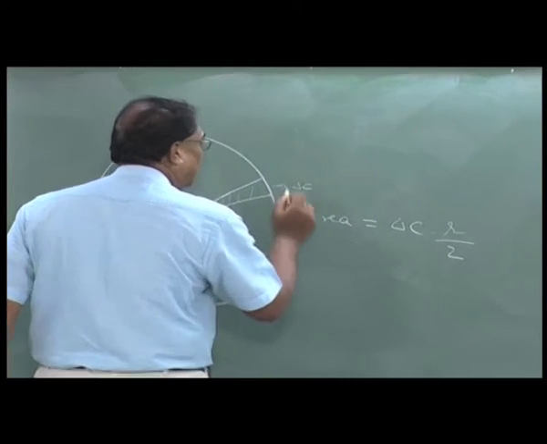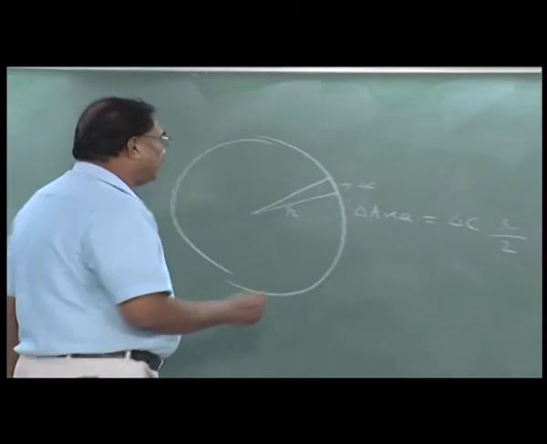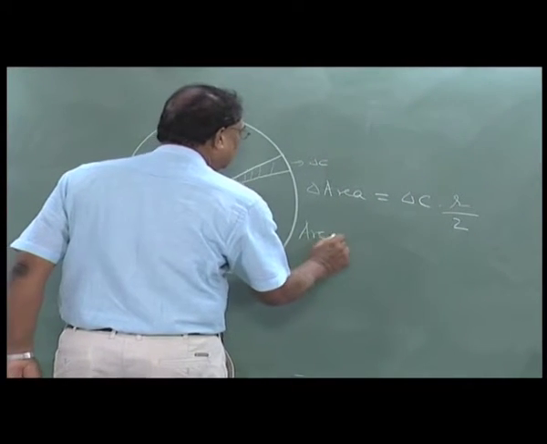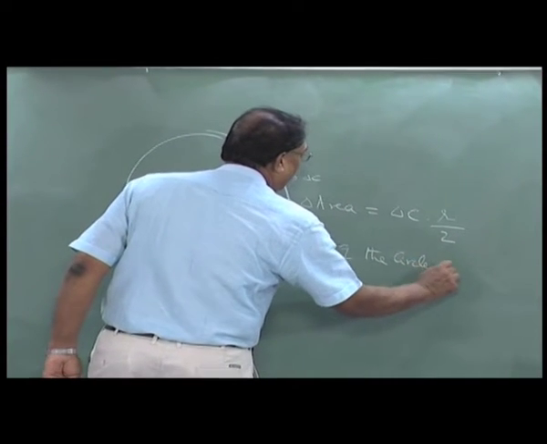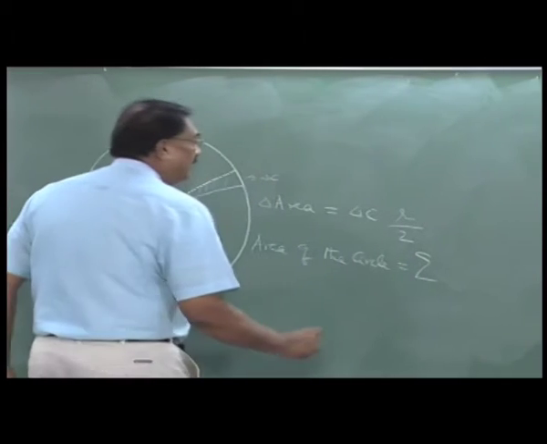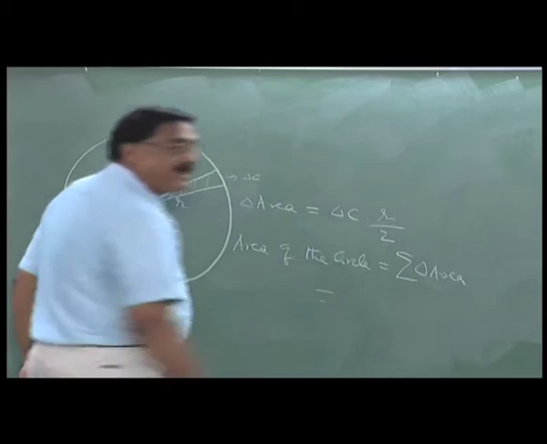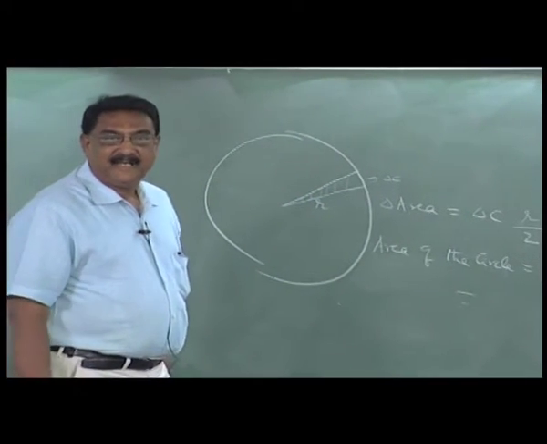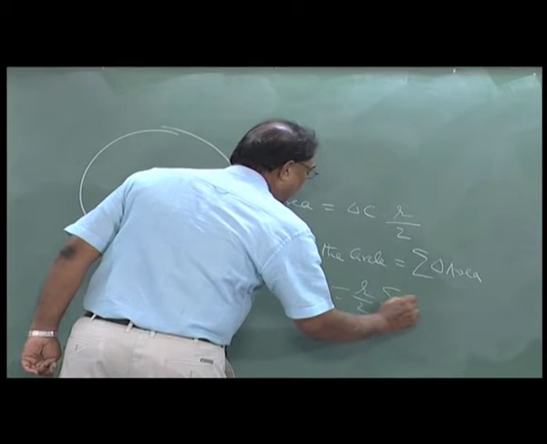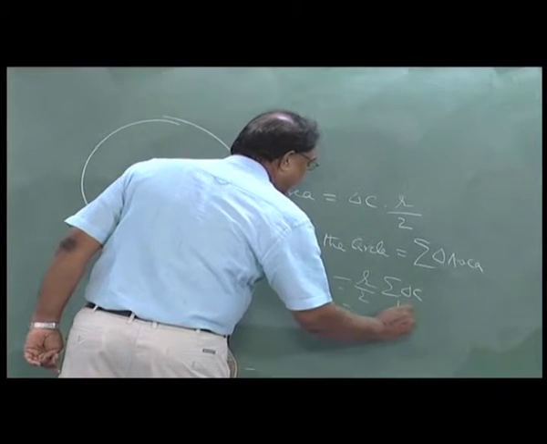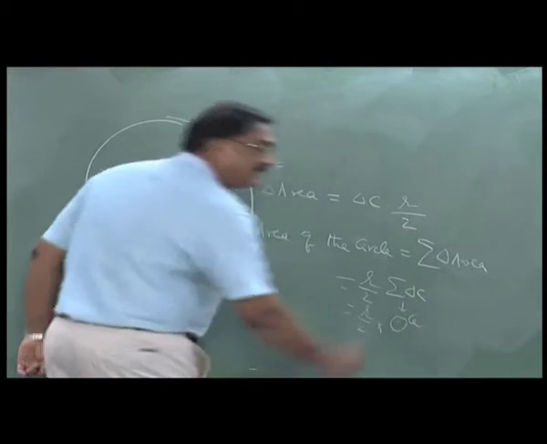So, this is delta area, that is the area of the segment, and the area of the circle is equal to the sum over all these segments. So, when you sum over all these segments, r by 2 anyway will be constant, the radius is the same, that will come out, and sigma delta c is essentially the circumference, right, r by 2 into circumference, isn't it?